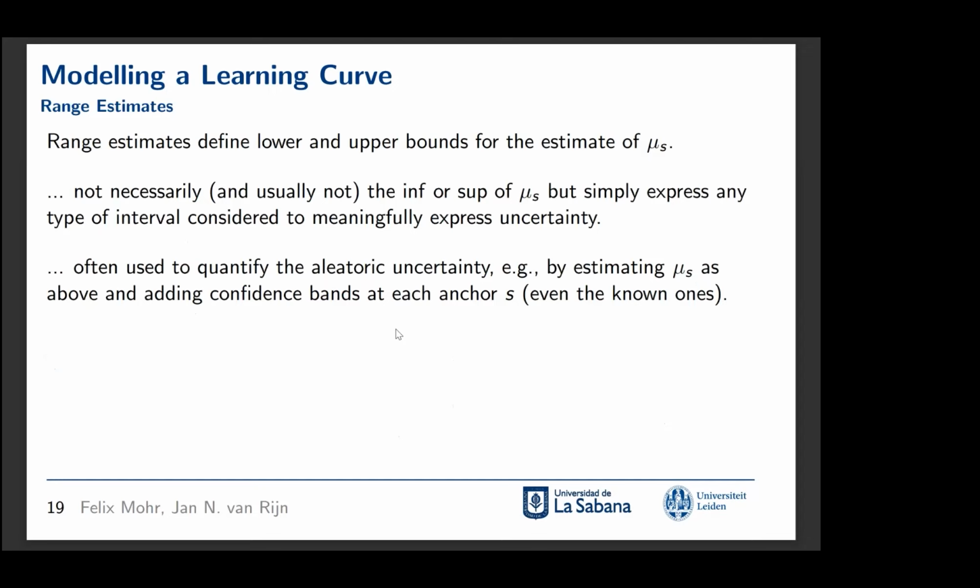When it says lower and upper bound, it's not really referring to infimum or supremum of the possible values, but it's just some sort of characterization of this uncertainty. Some have used confidence intervals. Others have used simply Q1, Q3. So you build the interquartile range, and this is your band that you draw around this curve.